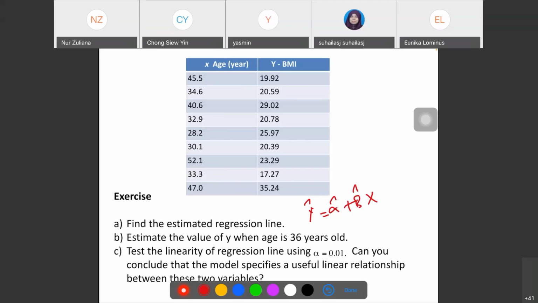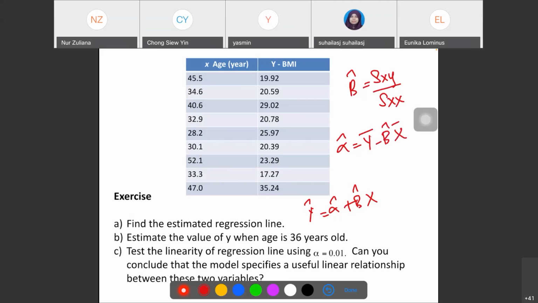So we will differentiate with respect to alpha and also with respect to beta, and then you solve the normal equations, and then you have the formulas. Beta hat is just Sxy over Sxx. And if you want alpha hat, it is y bar minus beta hat x bar. Those are the two formulas that we use to find beta and alpha.